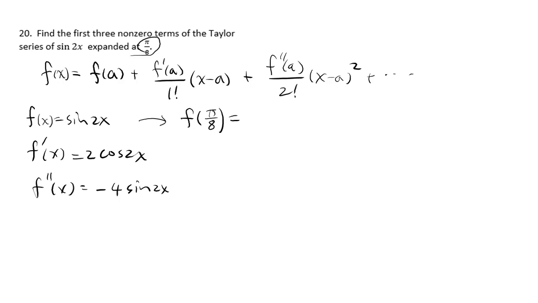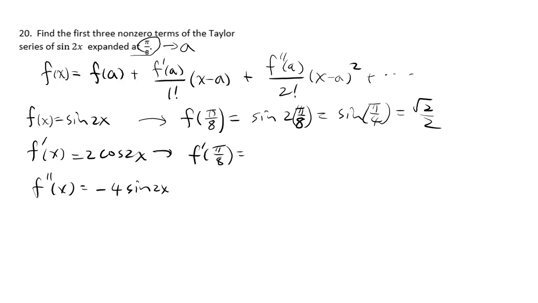This a value is equal to pi/8. So f of pi/8 is sine of twice pi/8, which is sine of pi/4, which is radical 2/2. f prime of pi/8 is twice cosine of 2 times pi/8, and that's 2 times cosine of pi/4, which is 2 times radical 2/2.